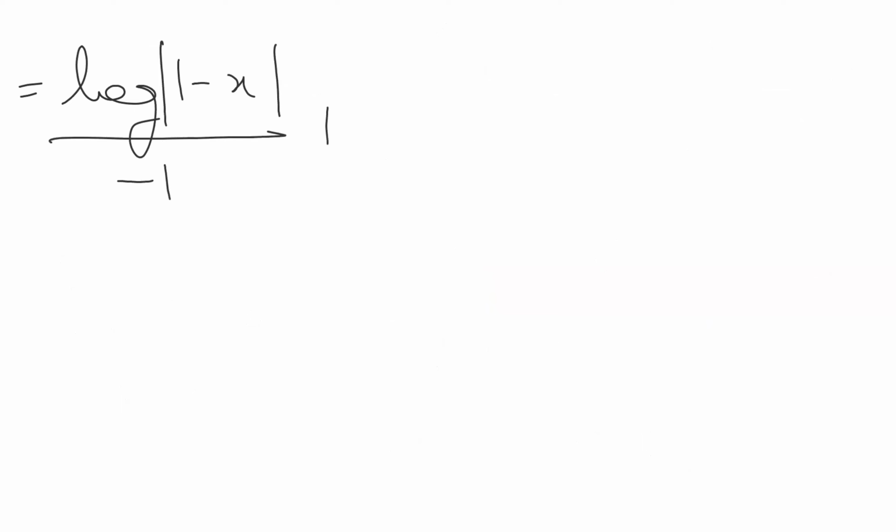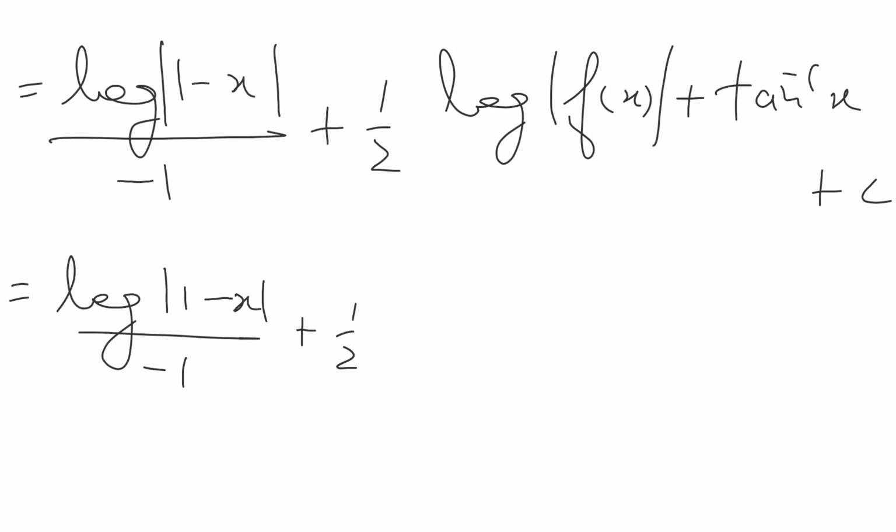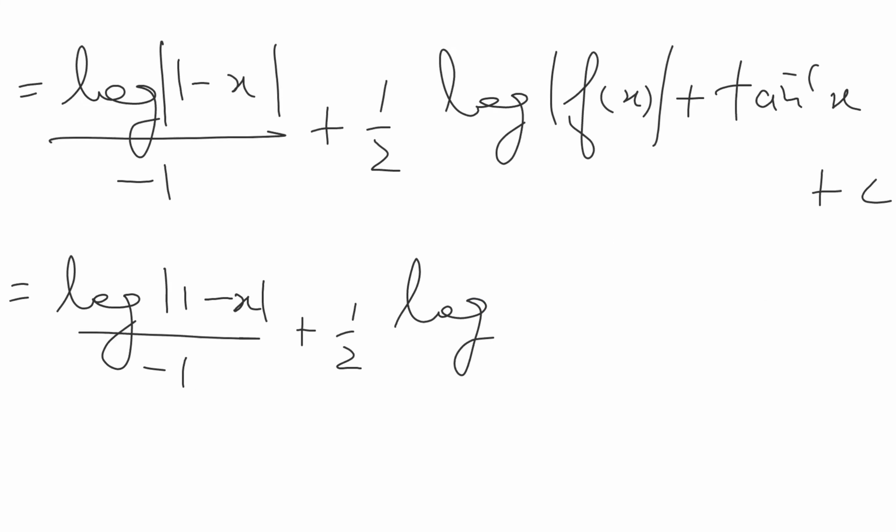And here I'm going to apply the property log mod f of x, plus tan inverse x. So I'll write it down for you. Log modulus 1 minus x upon -1, plus half log mod f of x, where f of x is 1 plus x square, plus tan inverse x plus c.